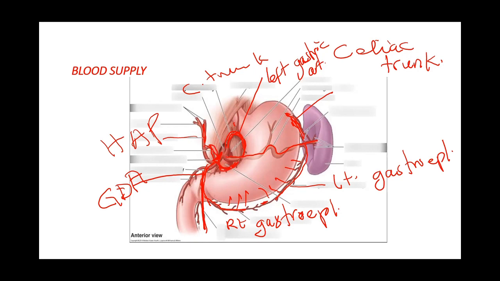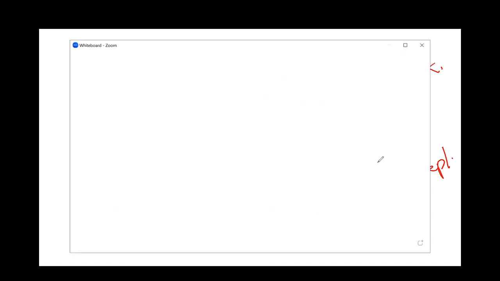Don't forget, we said the left gastric artery arises directly from the celiac trunk, while the right arises from the hepatic artery proper. The reason I'm emphasizing this is because of MCQs. It is very important you understand the blood supply of the stomach.